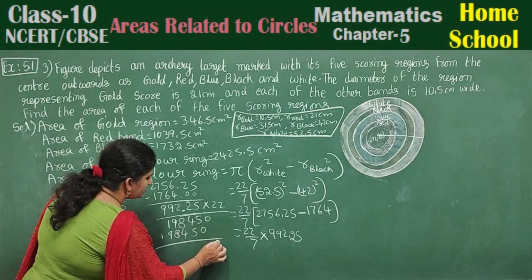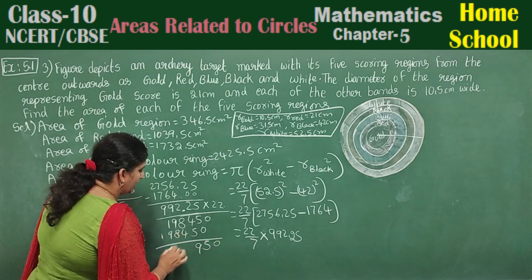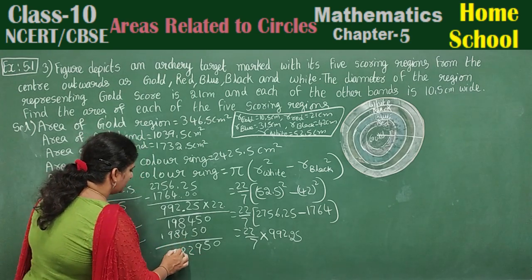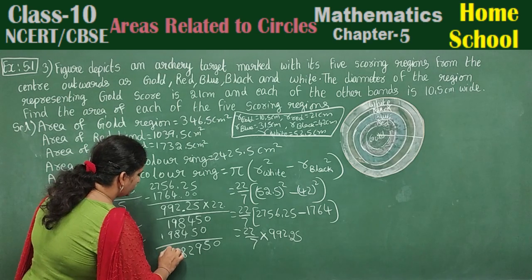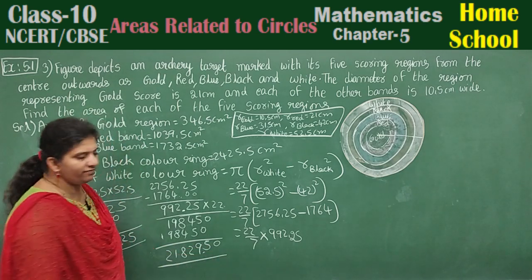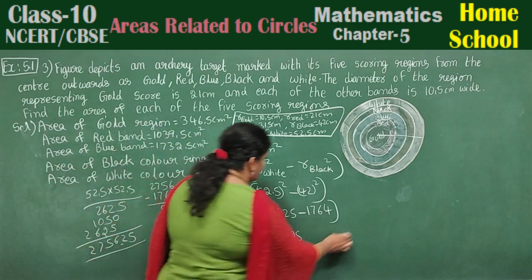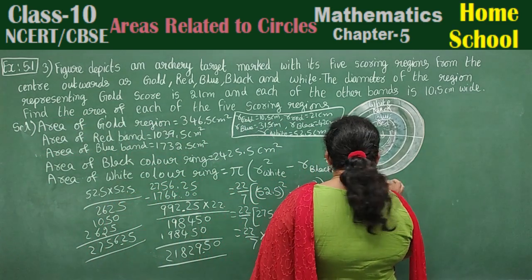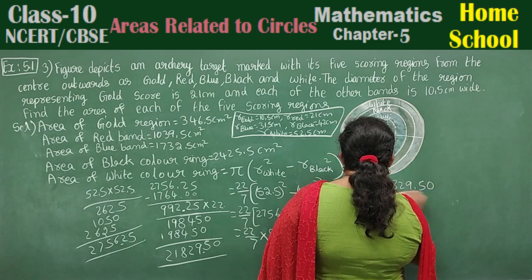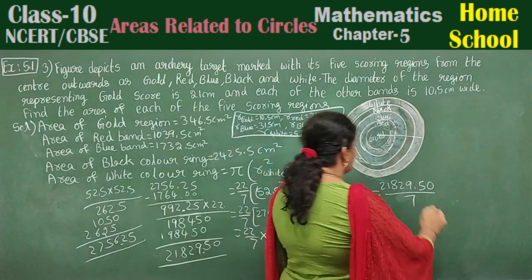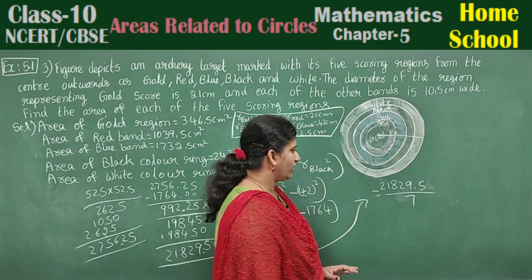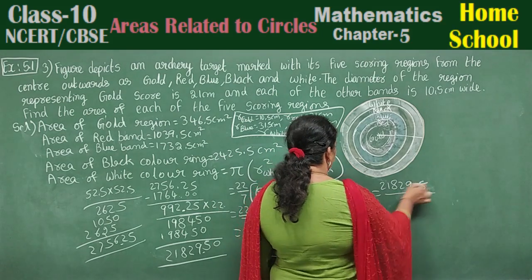Add all this. 0, 5, 9, 12, 18, and it is 11, 2. 21829.50. Let me do here, equal to 21829.50 by 7. So 0.50, if you want, you can clean this 0. 0.5 you can write. Let us cancel this one.